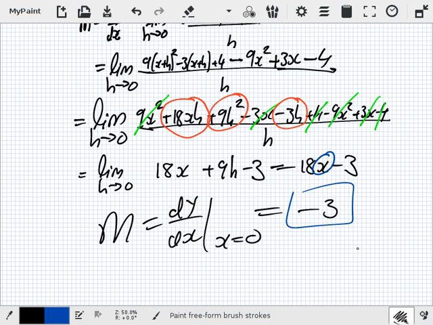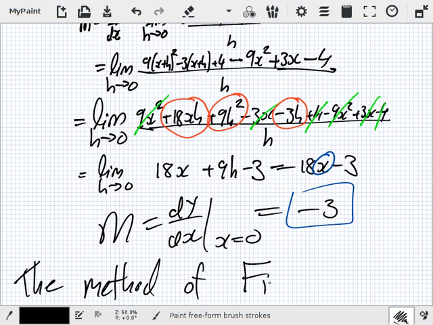So the name of this whole process, or the name of the formula, is called the method of first principles.